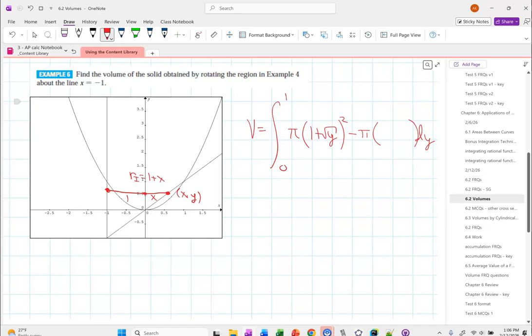But I need to be integrating with respect to y, so I have to rewrite this in terms of y. Since we're on the line y equals x, I know that x is equal to y. That can just be 1 plus y. And it's integration time.